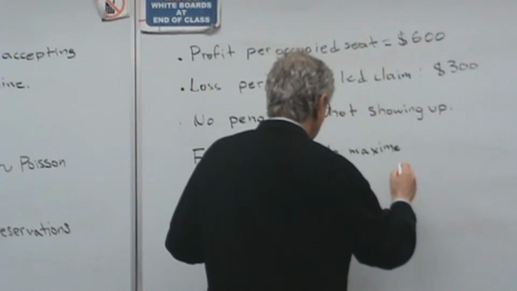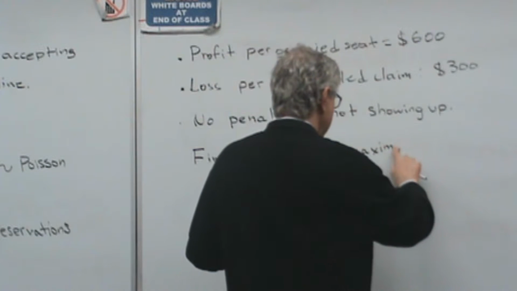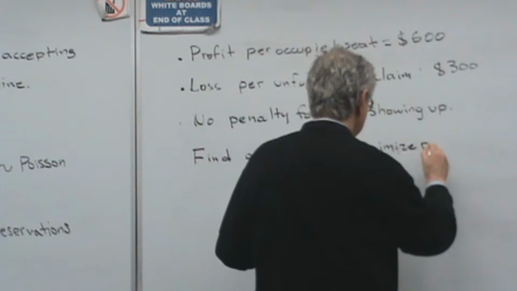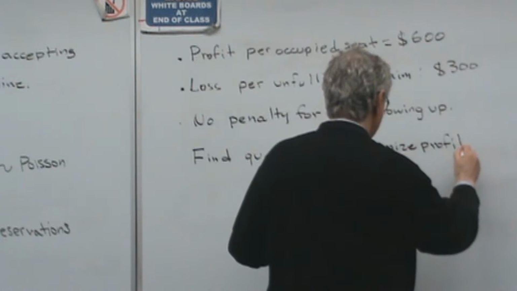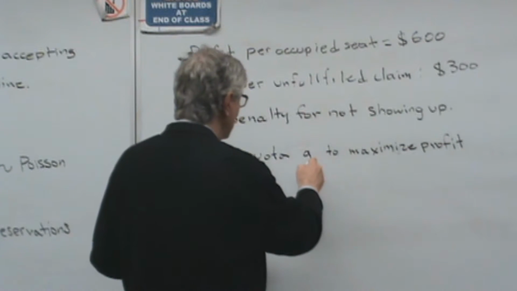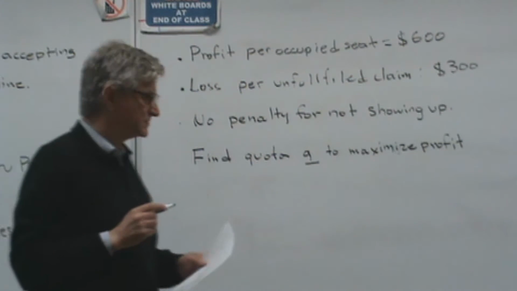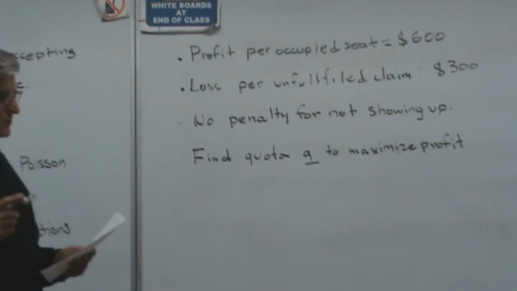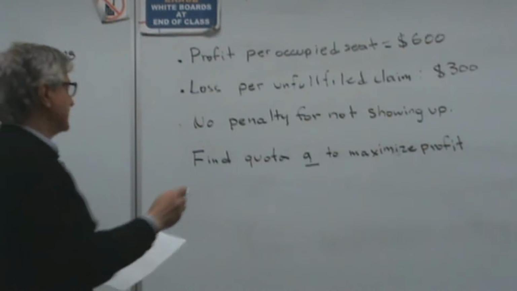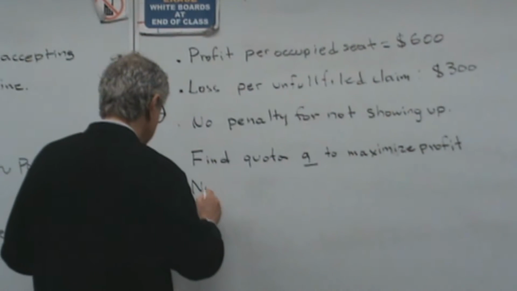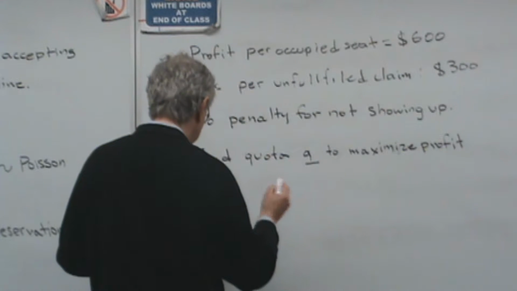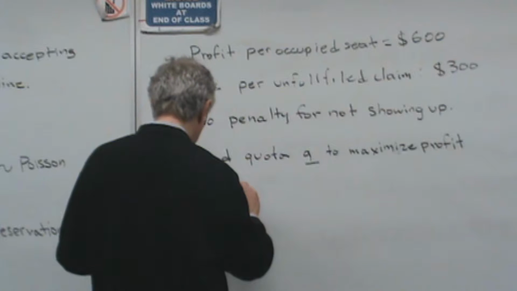And when we say profit, we mean expected profit. Okay, so Q is the quota. You accept up to Q reservations. Let's define some notation: N of Q is the number of customers who claim their seats.